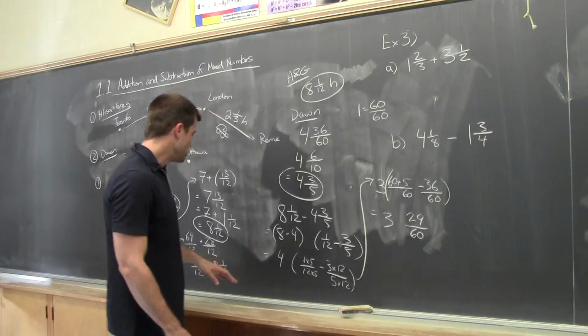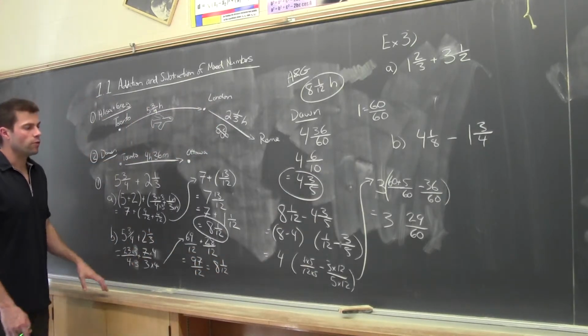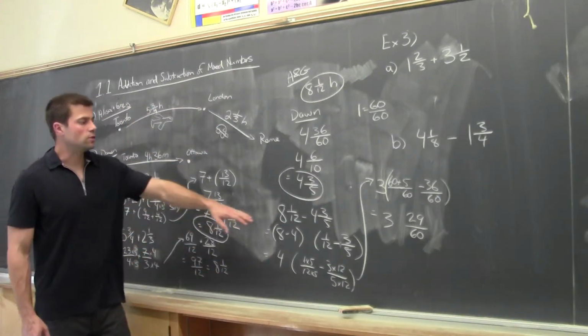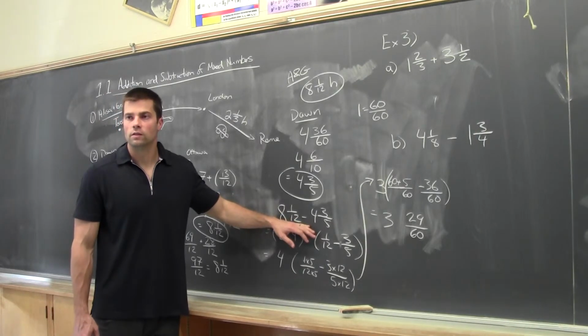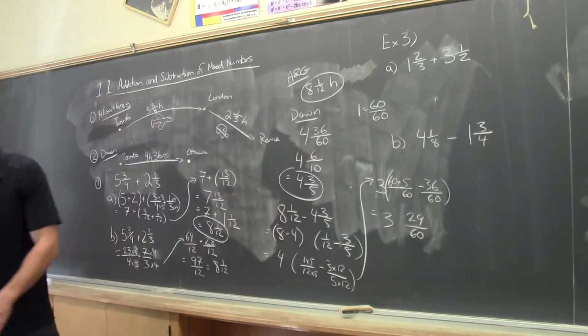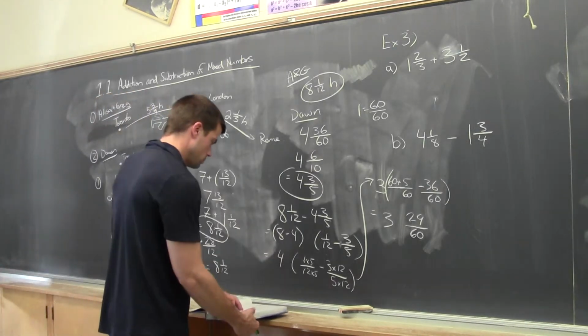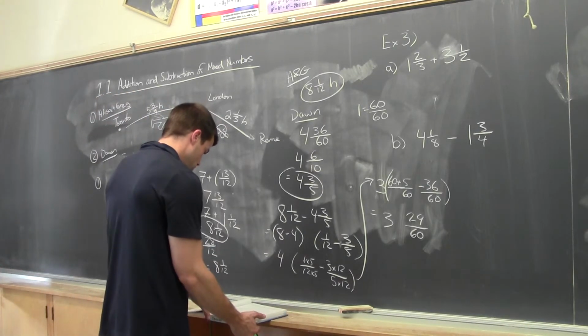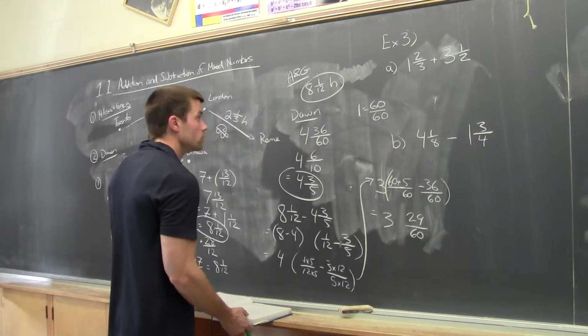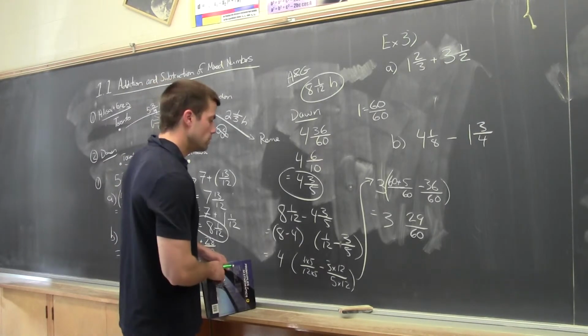As opposed to doing it that way, the other way, which again I would recommend, is to just convert these two to improper fractions from the beginning. That's what I would suggest. Let me show you that.